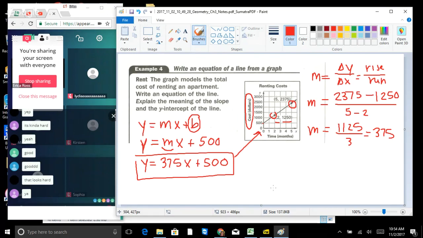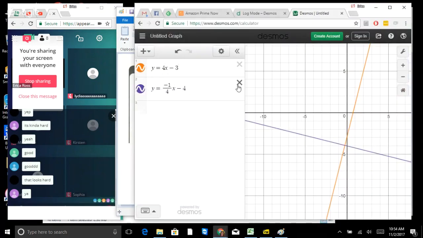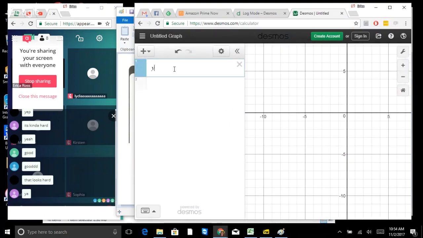Let me just show that really fast. If I go over to Desmos, okay. If I graph this in my normal graphing calculator, y equals 375x plus 500.